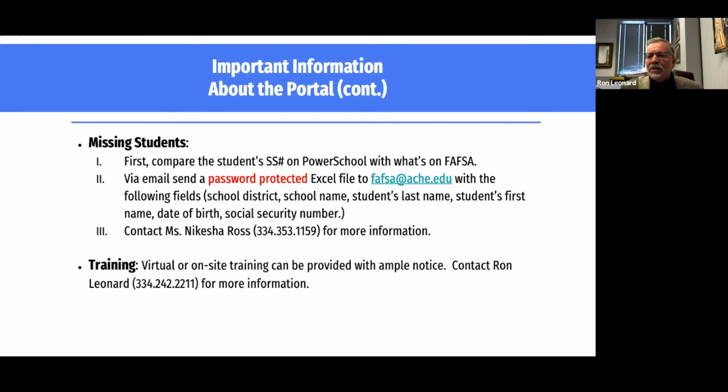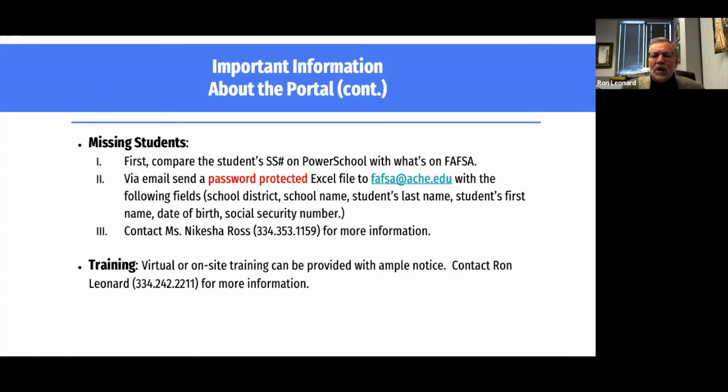So I get emails, I get calls, and it's usually because of that. Now we're going to go to a secondary match. We're not quite there yet, but if the student hasn't provided a social security number, then the secondary match will be date of birth, zip code, and first name. So that should help resolve this situation.